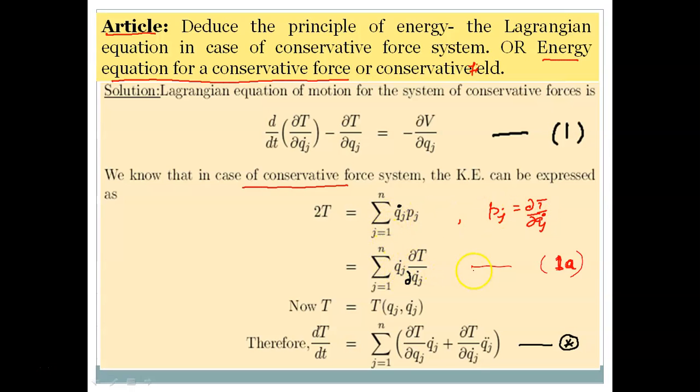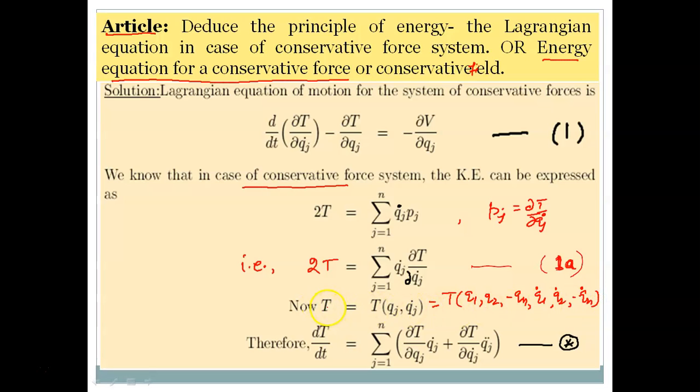So you put the value here, and we are calling this equation number 1a. Further, T is a function of the generalized coordinates and the generalized velocities. And when you open this expression, in fact, this is not only one, q1, q2, and so on. Further, q1 dot, q2 dot, and so on.